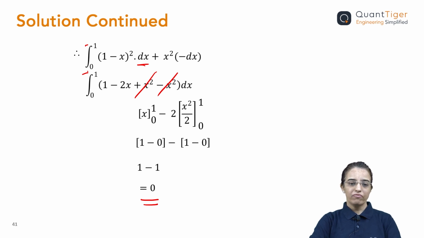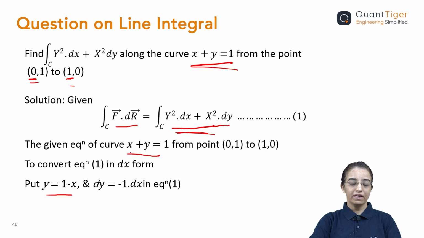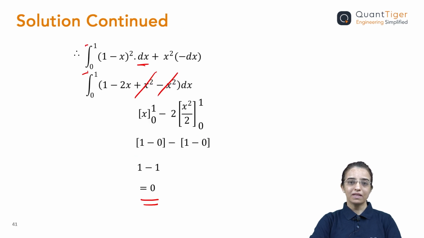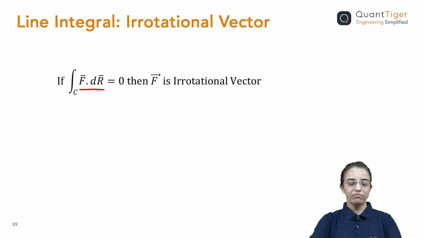So this is how we will find the line integral of any given function if points are provided to you. It's quite a simple concept. The equation of the curve will always be given to you, along with the starting point, end point, and whatever else you need to use to find the integration.